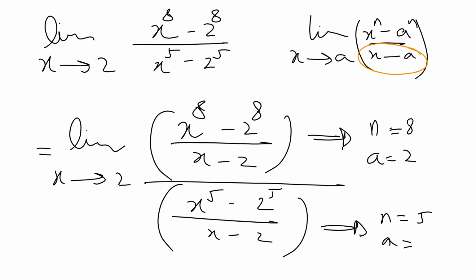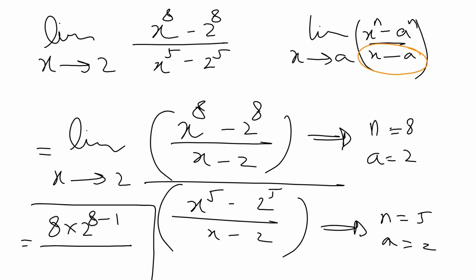And a is 2. So in the numerator and denominator, both will apply the same formula: n into a raised to n minus 1. Clear? This you can simplify on your own.